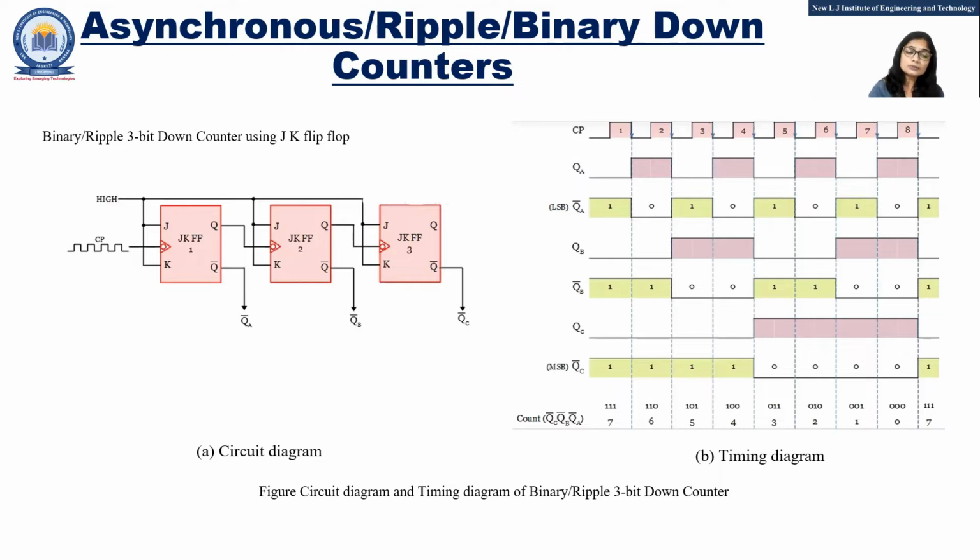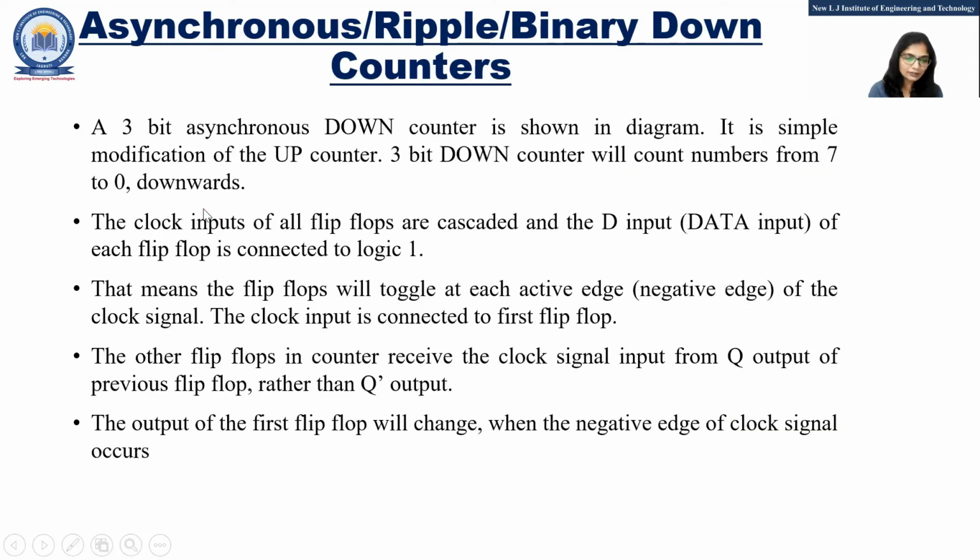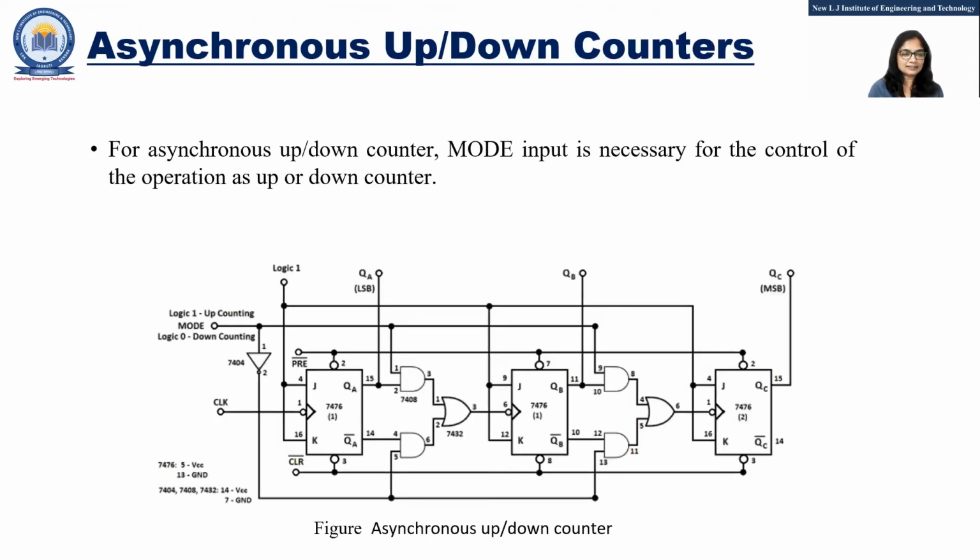But now, suppose you want to give Q bar to the clock pulse, then you must take the output Q from this terminal, because this is a down counter. So this is the complement of this thing.